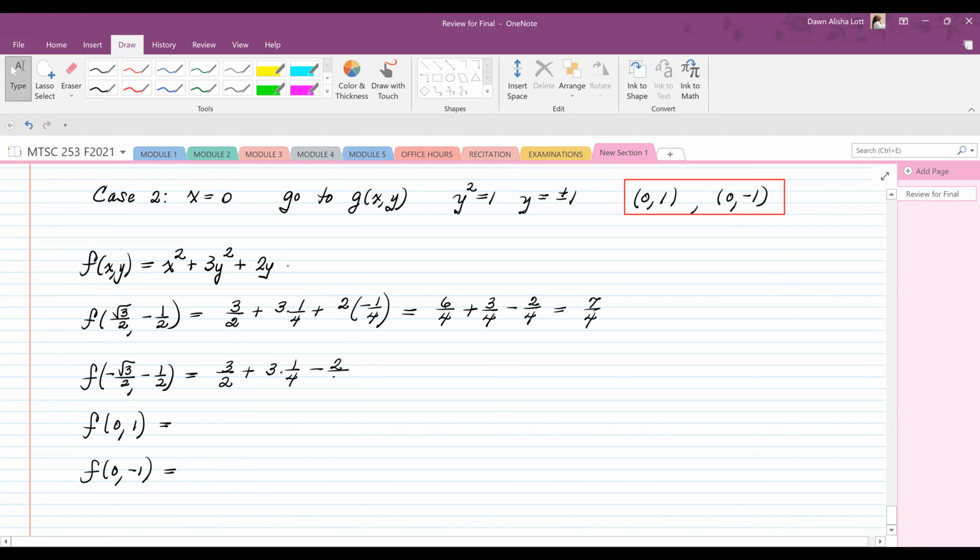Oh, I did that wrong. Y is -1/2, not a fourth. So that's -1, which is -4/4.